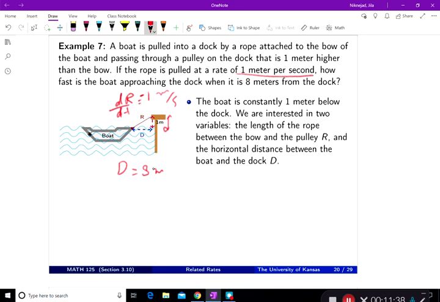And then I can set up the relationship between d and r, because I see that the rate for r is given and the rate for d is wanted. So again, there are a few things that usually happen with triangles. When you're trying to set up a relationship between sides, you can use trig functions.